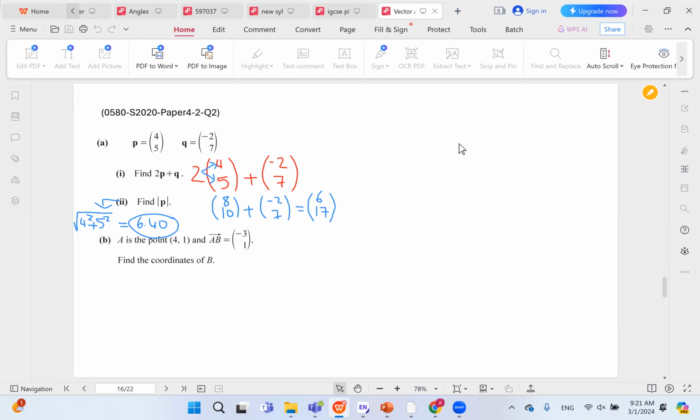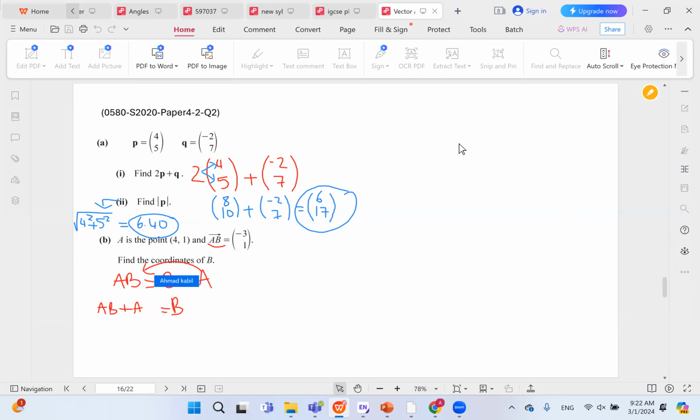So let's just circle our final answers. In B, we are told A is the point 4, 1, AB equals negative 3, 1. Find the coordinates of B. So in order to find the coordinates of B, we understand that AB equals B minus A. So therefore, B equals AB plus A. We just take the A to the other side.